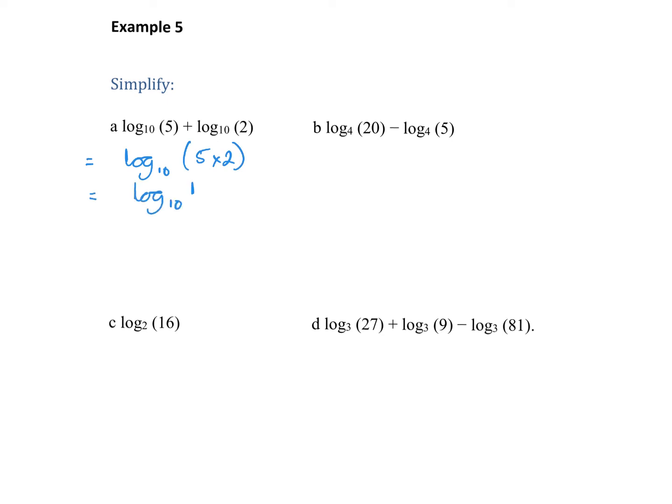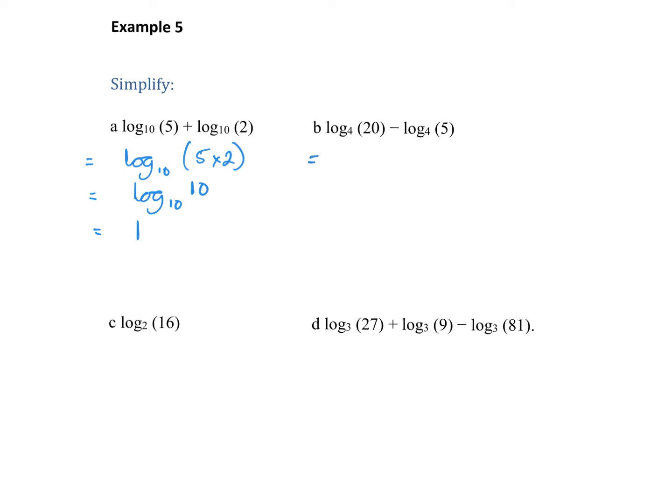And when you have this situation where the number and the base are the same, log base 10 of 10 is always going to be equal to 1. So log base a of a is equal to 1. So that's that expression simplified. It becomes easier the more you practice them.